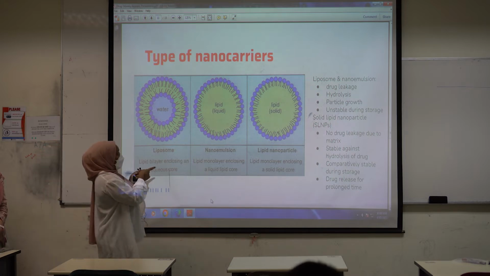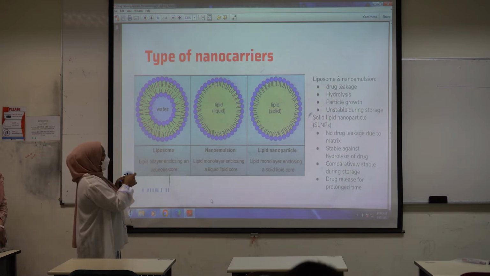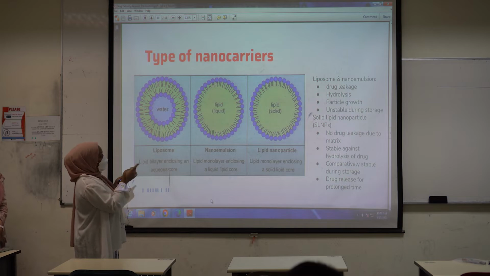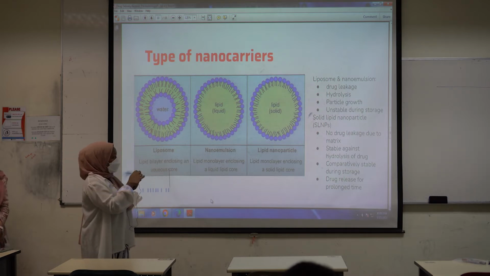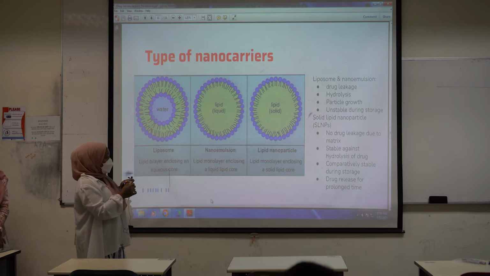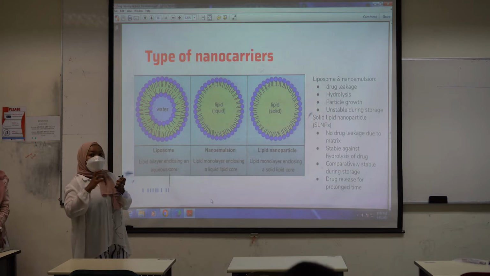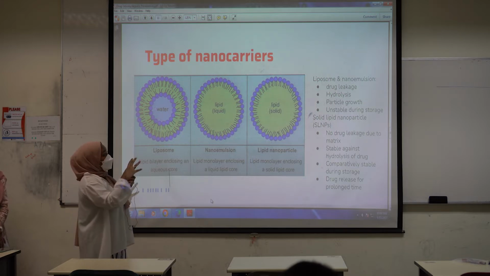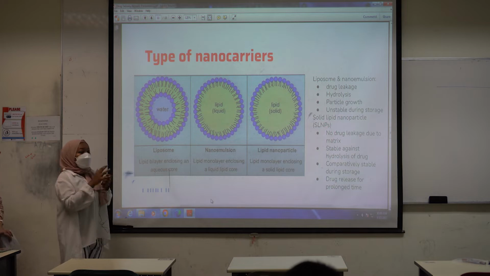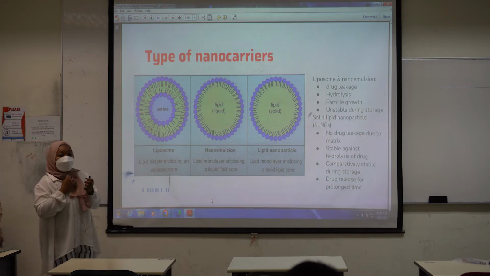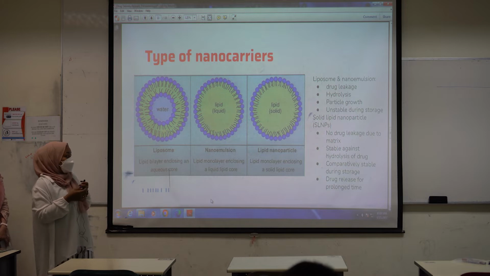The same goes for nanoemulsion, and the most convenient is the lipid nanoparticle, which encloses a solid lipid core. Having the solid lipid core will solve those issues because it is produced from a hot homogenization process. So what is the hot homogenization process?